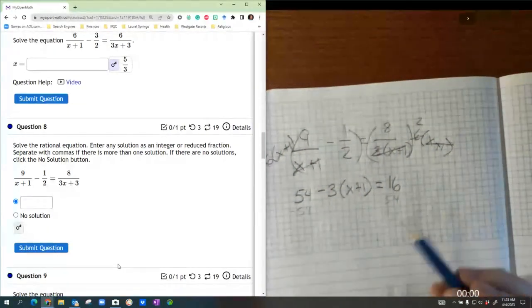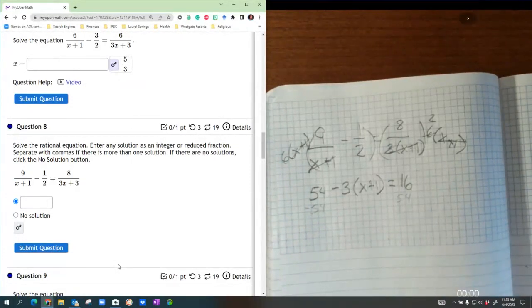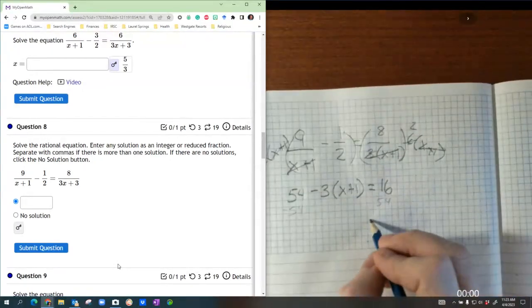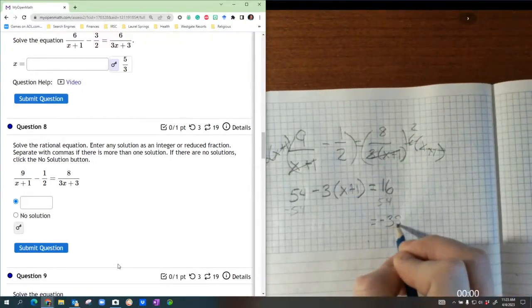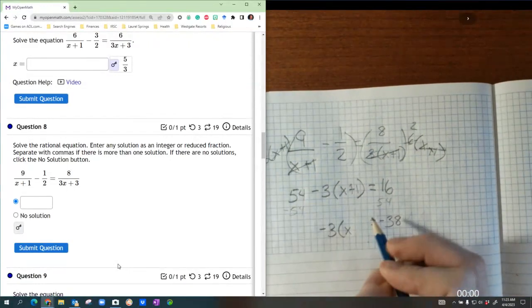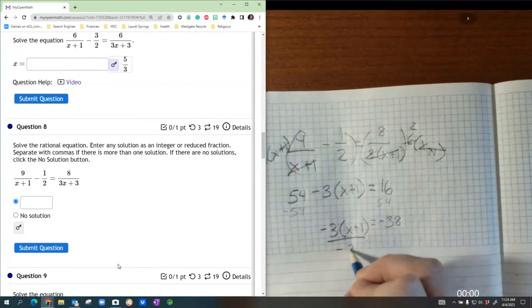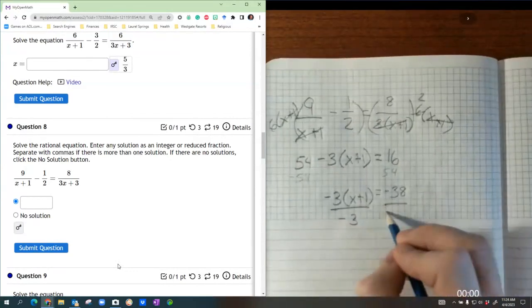All right. Now when we subtract that, okay, 16 subtracted basically from 54, you get negative 38. You divide both sides by negative 3.